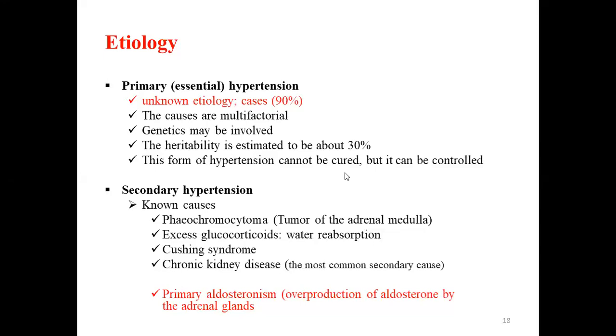Water reabsorption goes hand in hand with sodium reabsorption. So when a lot of sodium is reabsorbed, a lot of potassium is excreted, and it's one of the contributors to blood pressure.